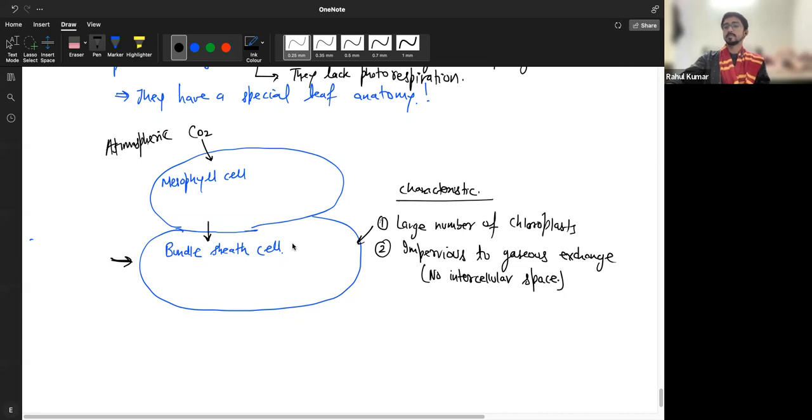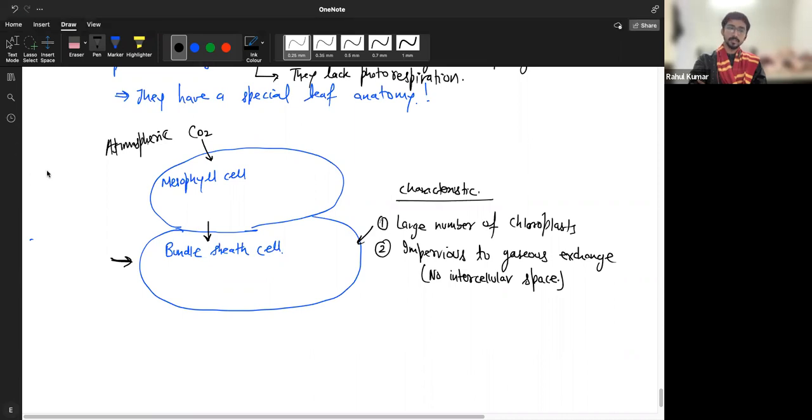But I told you, there is no intercellular space. How does the CO2 go then? If there is no space between the cells, what is the other way through which cells can still exchange and transport things among themselves?